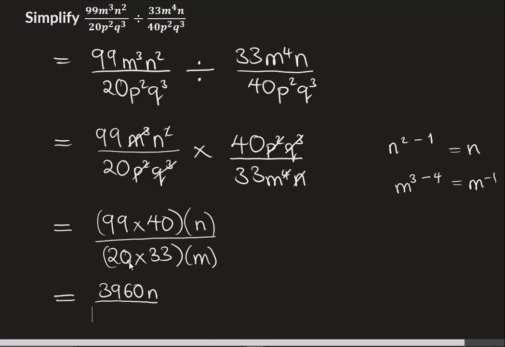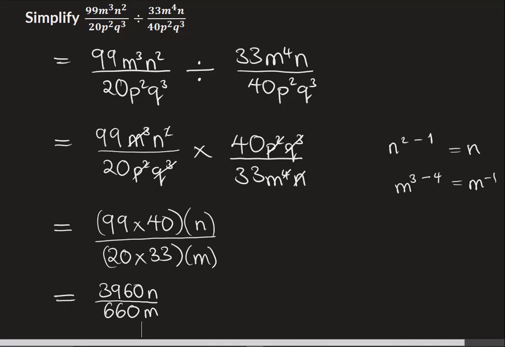Whenever you have a 0 as part of the number you're multiplying, you just need to put a 0 in your final answer. 33 times 20, we could have also done the same for the 99. 33 times 20 is the same as 33 times 2, which is 66, and then you put a 0. So we have 660 and m. Then we'll have to simplify this.